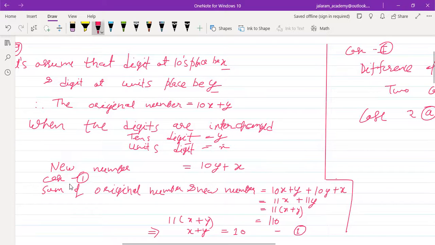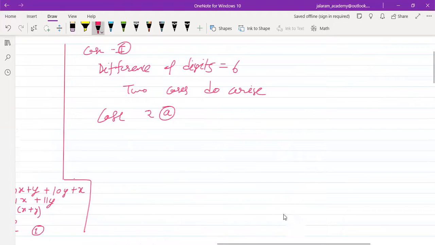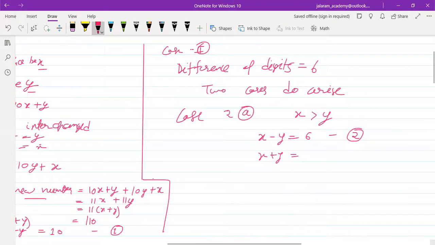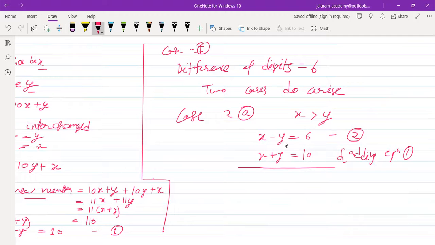This was case first, in which the sum of the original number and the new number was given. Case 2a: x is greater than y, that is the tens digit is greater than the units digit, then x minus y equals 6. Take it as equation number 2 and add equation number 1, x plus y equals 10. Y cancels out, x plus x, 2x equals 16.